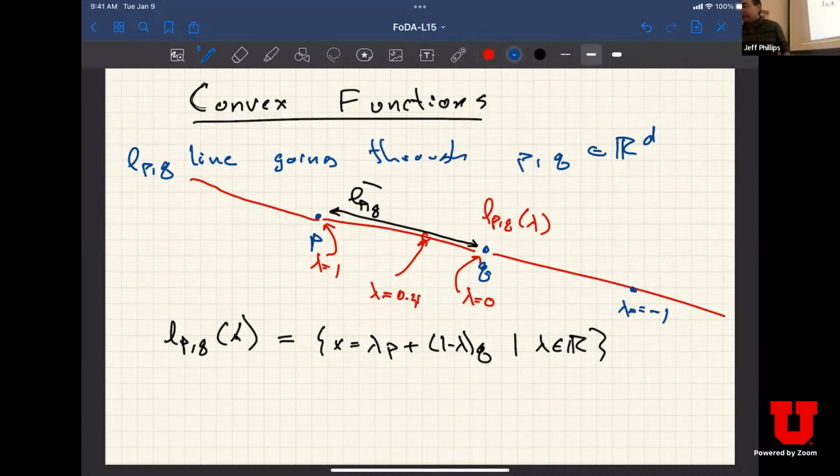Basically, I can view this point as Q plus P.